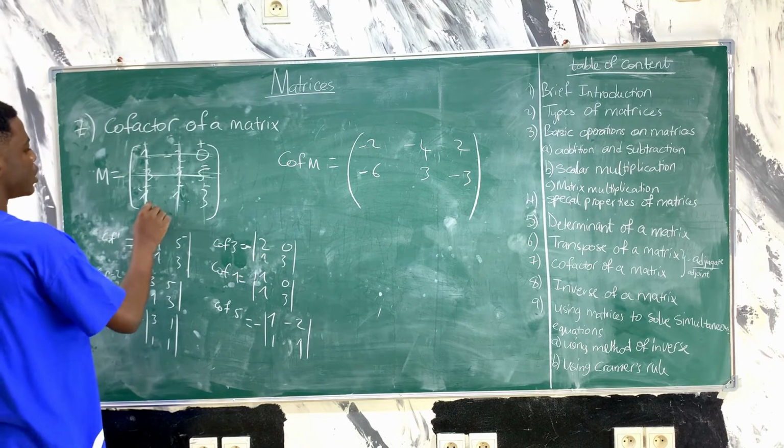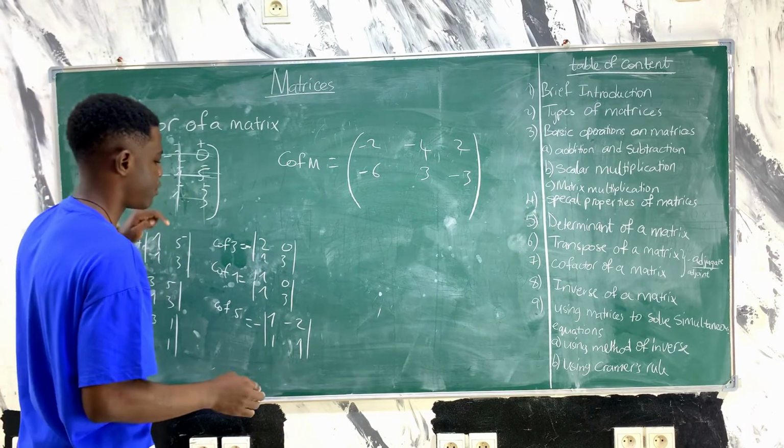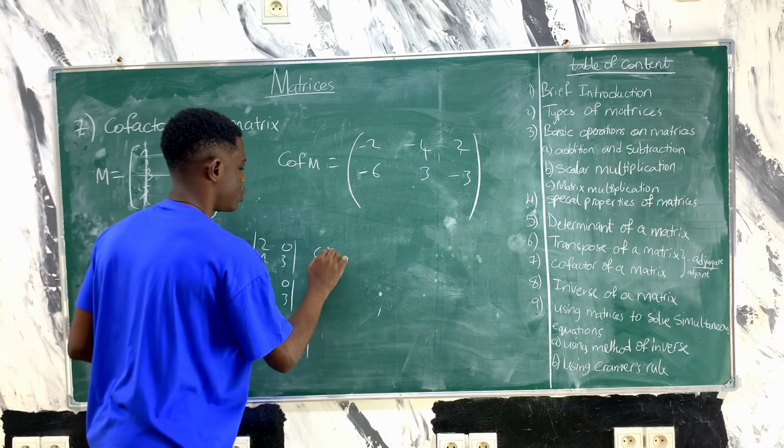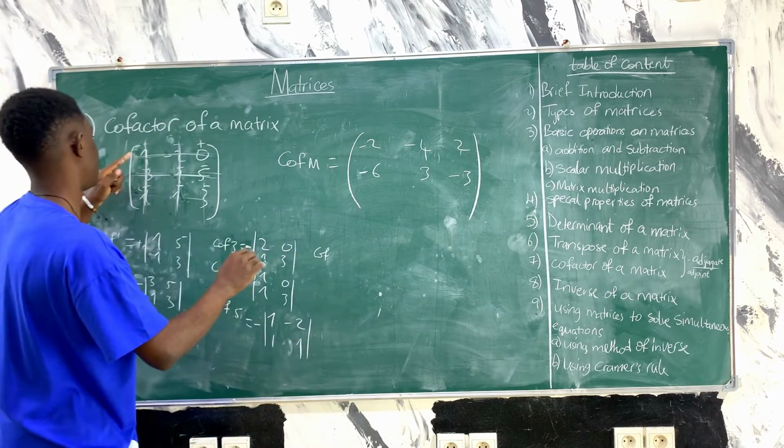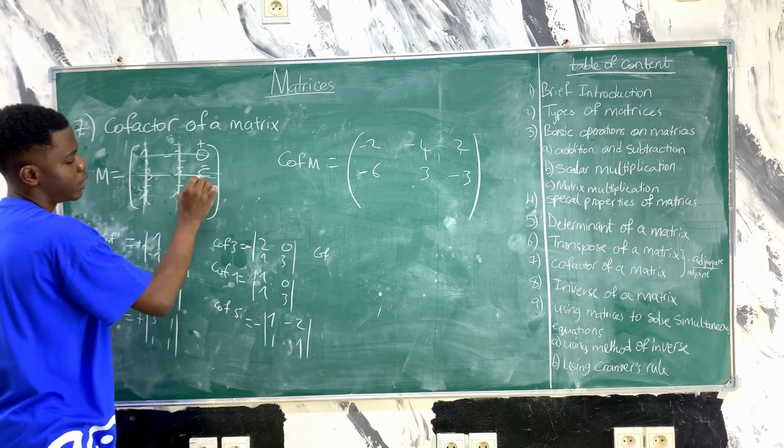So you do same for this last one. You cancel here and you cancel here. What will you be left with? Minus 2, 0, 1, and 5.